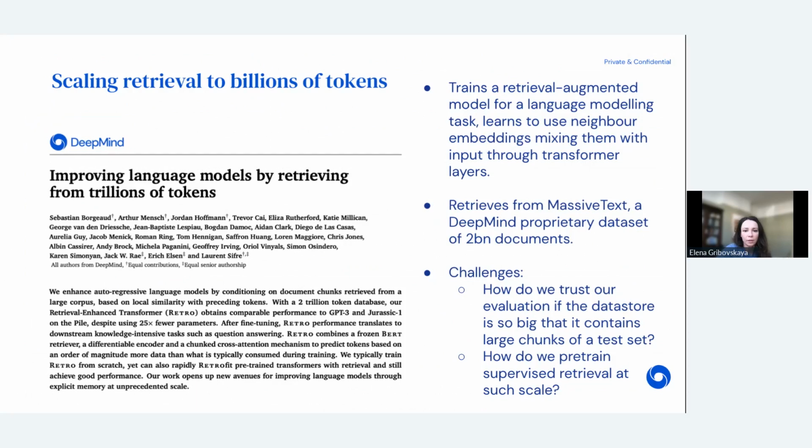For instance, for the retrieval augmented generation work that I discussed on the previous slide, we retrieve from Wikipedia, which is 9 million passages, and we pre-train a neural retriever in a supervised way. However, to scale this to 2 billion documents is a substantial engineering challenge.